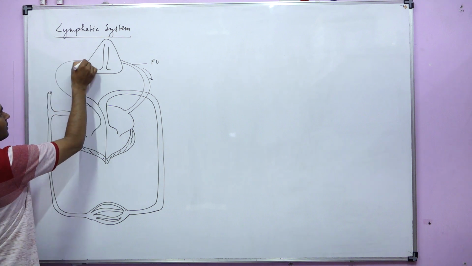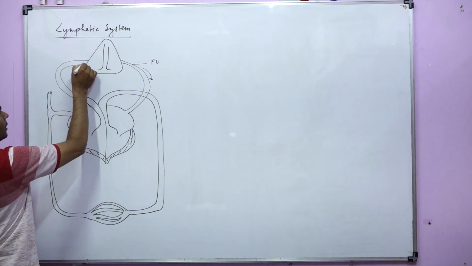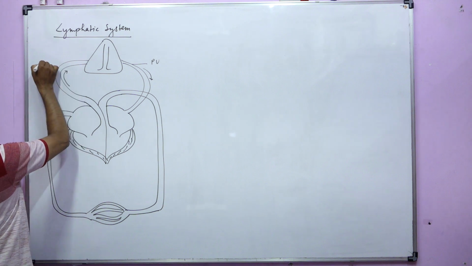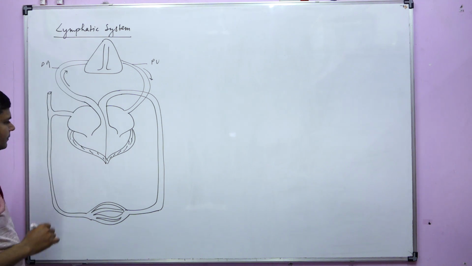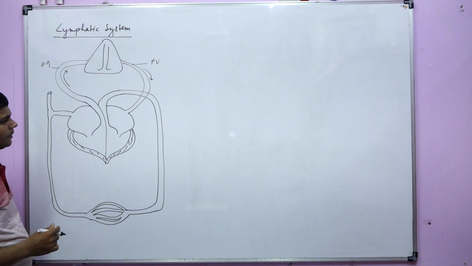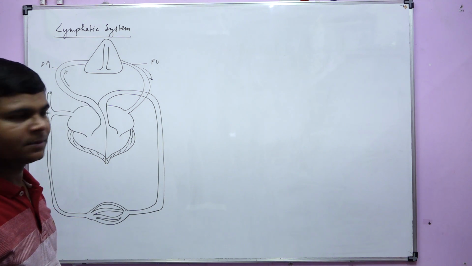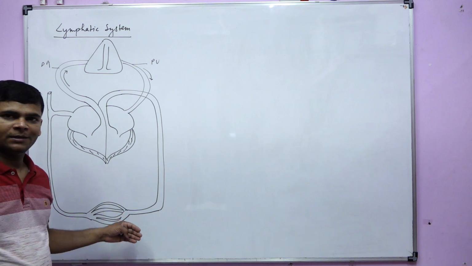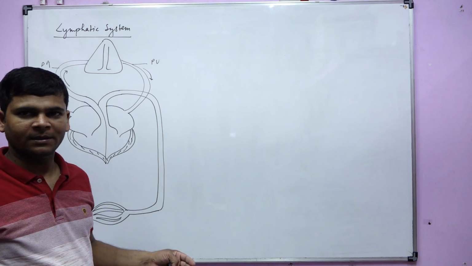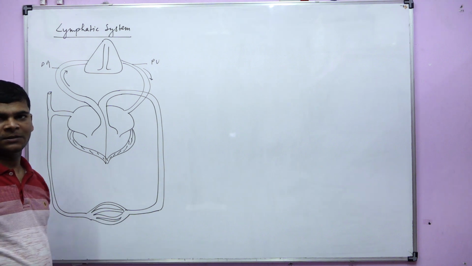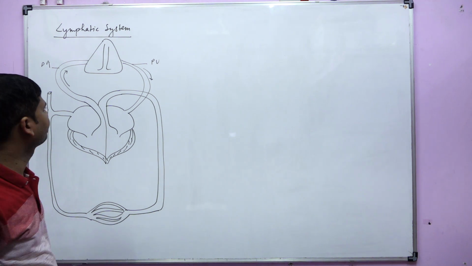Carbon dioxide rich blood is carried to the lungs through the pulmonary artery. Now we will get an idea of how our blood circulates. So before we study the lymphatic system, let us quickly understand the double circulatory system that we have in our body.